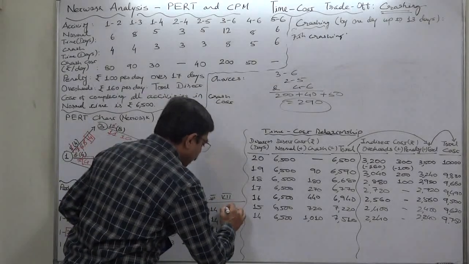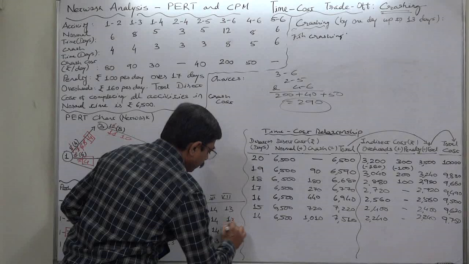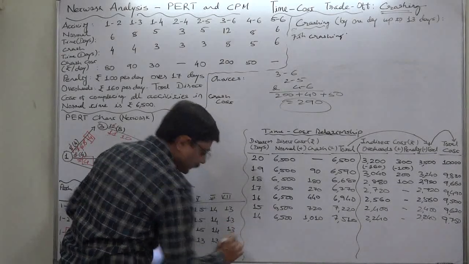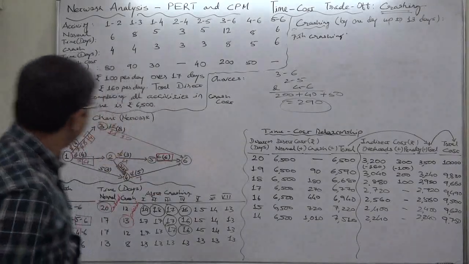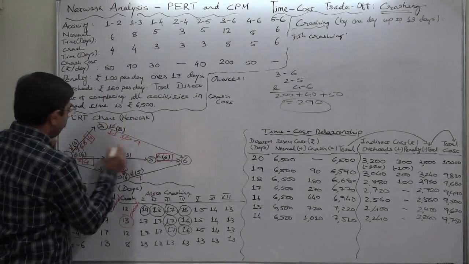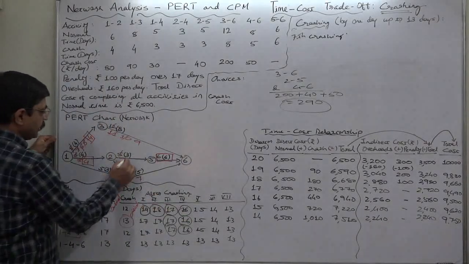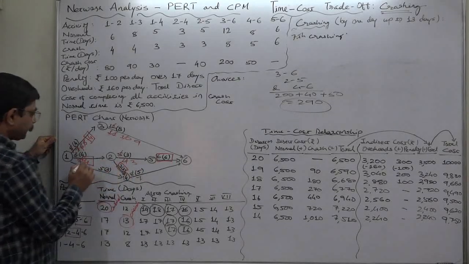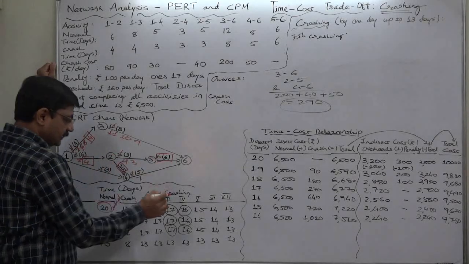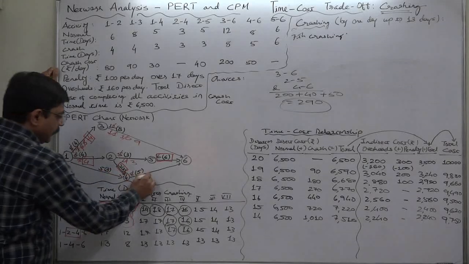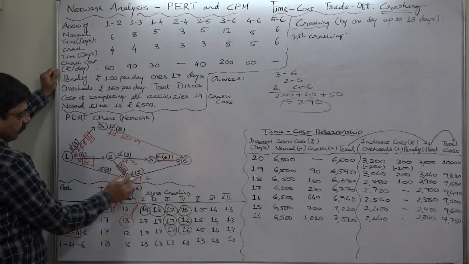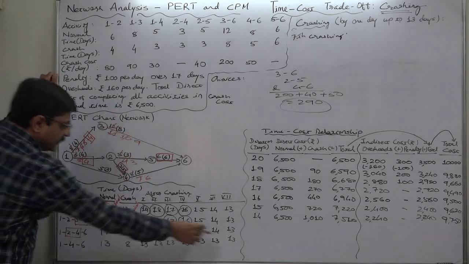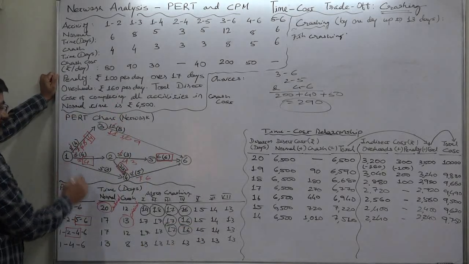So after 7th crashing there will be now duration of 13 days on all the 4 paths. This will be now 9, 4 plus 9, 13. This will be now 3, 4 plus 3, 7 plus 6, 13. This will be now 6. So it will be now 4 plus 3, 7 plus 6, 13. And this path remains as it is.